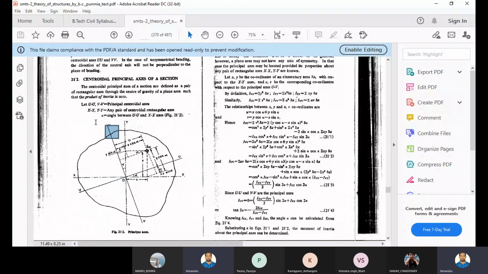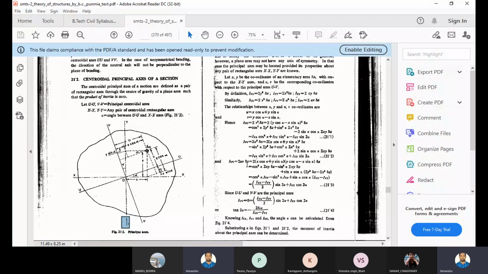These two are the principal centroidal axes, as we are assuming. And XX and YY: this is XX and this one is YY. Any pair of centroidal rectangular axes is at angle alpha from UU and VV.